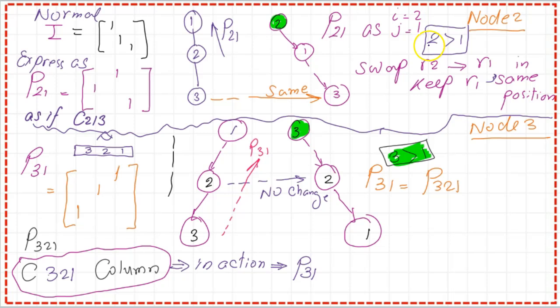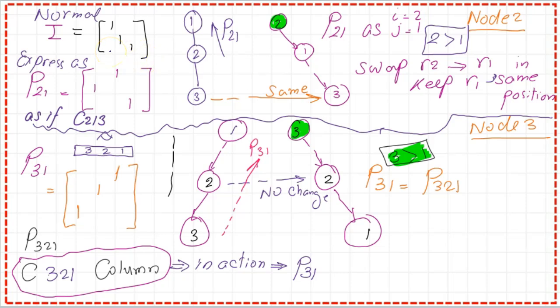So we have the condition of 2 bigger than 1. We have node 2. When we swap P21, row 2 will come up, and accordingly the first row will go down, while the third row remains. So finally, if we want to express P21 as 3 numbers, it will be 2, 1, 3.